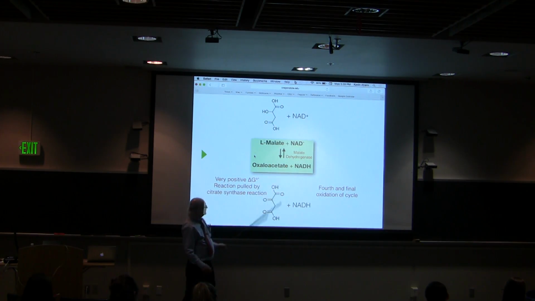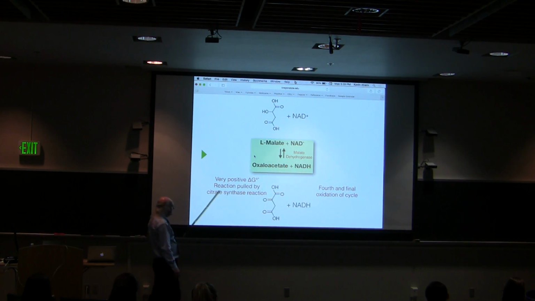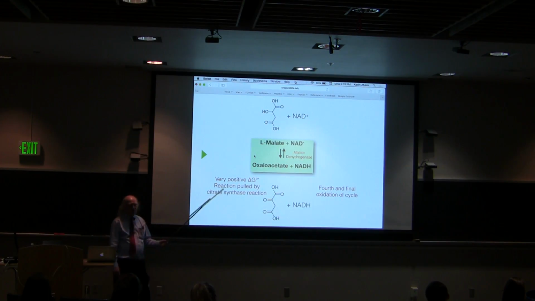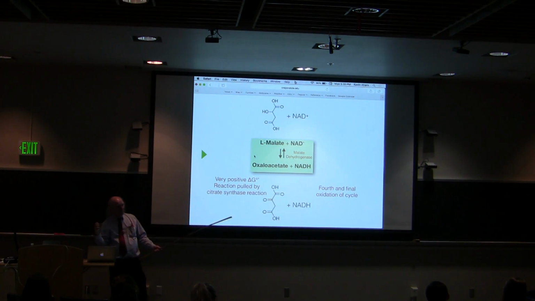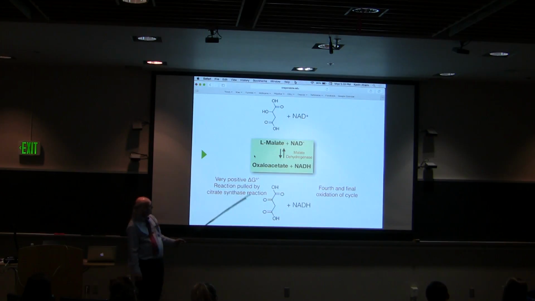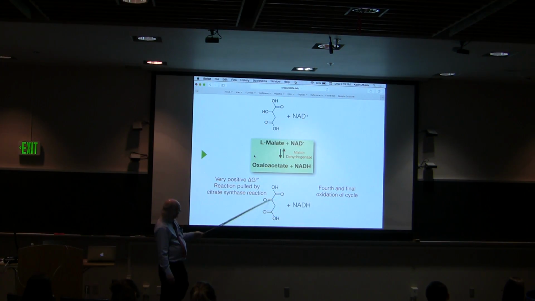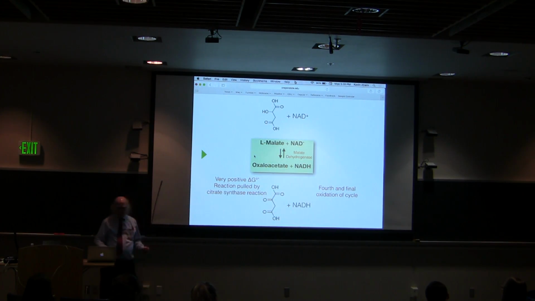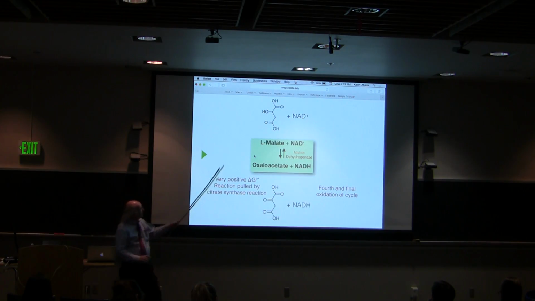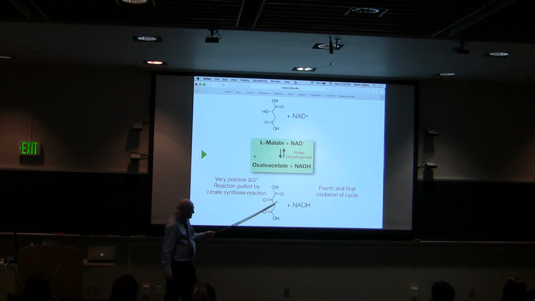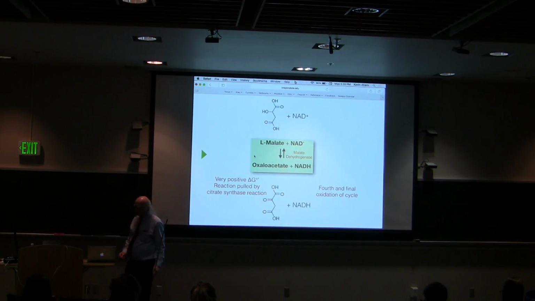It's catalyzed by malate dehydrogenase. And as I noted, this reaction is actually pulled by the citrate synthase reaction. It has a very negative delta G0 prime. So as a result of the citrate synthase reaction, this guy gets gobbled up and converted into this, which then gets gobbled up and made into citrate.